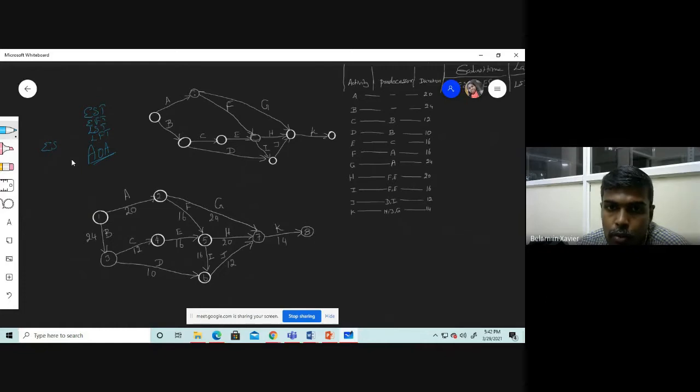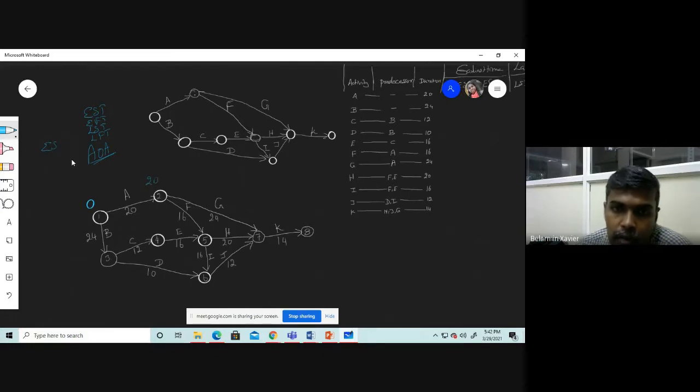Okay. So for activity A, when we begin with node 1, how early the particular activity A can begin in the corresponding node 1 is 0. Okay. 0 plus the time duration of activity A is the earliest finishing time, that is, we can name it as 20.